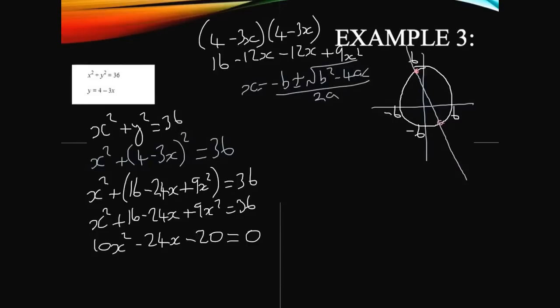So I'm going to substitute all my numbers in. You can take your time over doing it. b is minus 24, so we're going to have x equals 24 plus or minus the square root of, and we can put all our numbers in. So we've got minus 24 squared minus 4 times 10 times minus 20, all divided by 20.